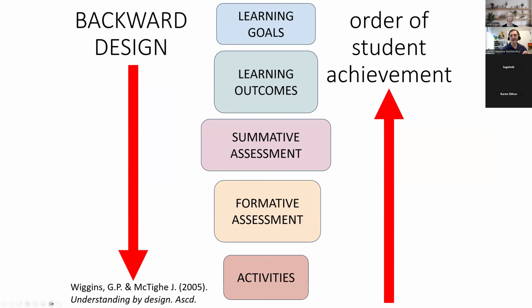Right. And so with backward design, again, we're going to think about our goals and outcomes, right? Our objectives, thinking about those assessments, and then what we're going to do, right? But this is what the students are going to do, right? In the order they do something, they're going to assess themselves as well as you assessing them, right? As they're doing it, and then to know that they're achieving, right? The outcomes that you would like.